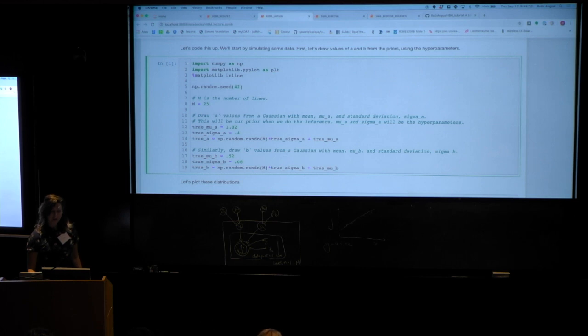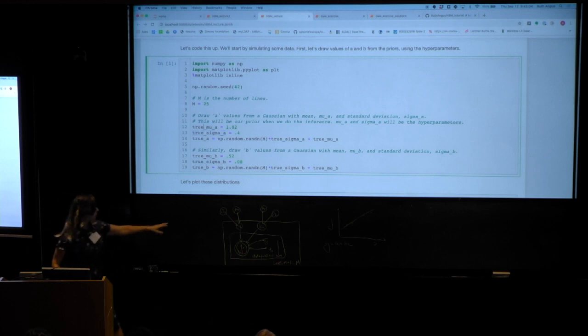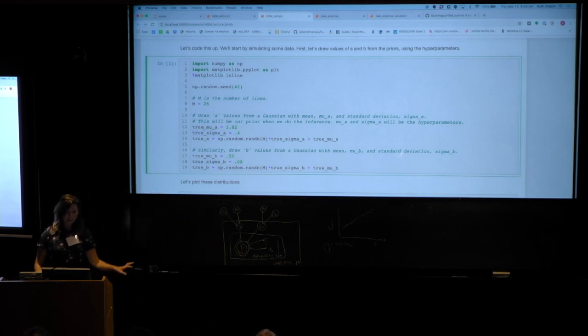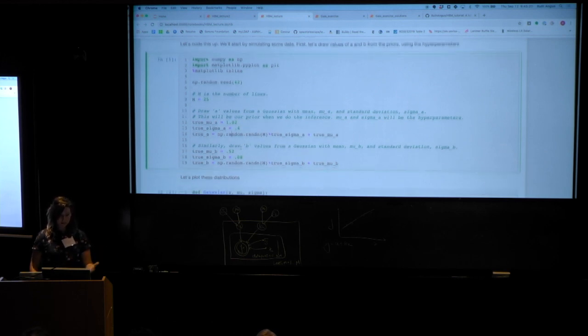And so I draw the true mu A, true sigma A, true mu B, true sigma B here. And I draw my true A's from these Gaussian distributions. And I draw 25 values of A, 25 values of B from these Gaussians.